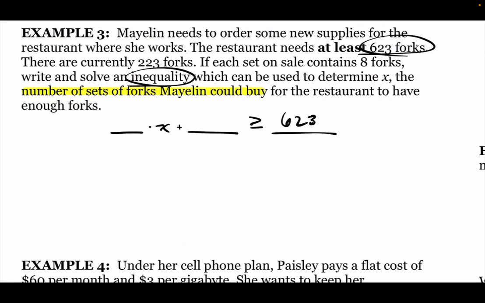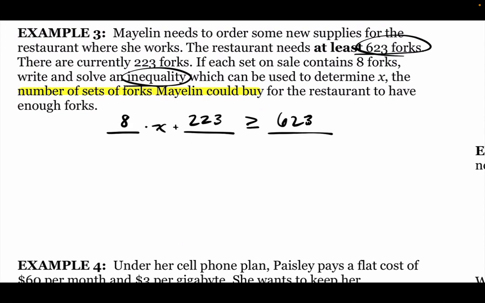She has 223 forks right now that she can use. The rate is going to be the sets that she can buy. How many does she buy? 1 set, 2 sets, 3 sets, 4 sets. She needs to know how many she can buy. Okay? That's why that's the rate. So there's our inequality. We just built it.